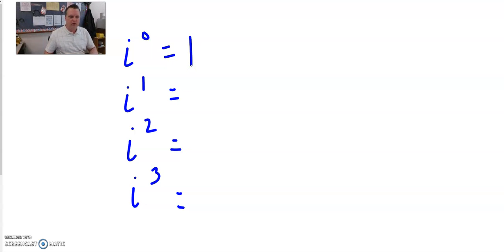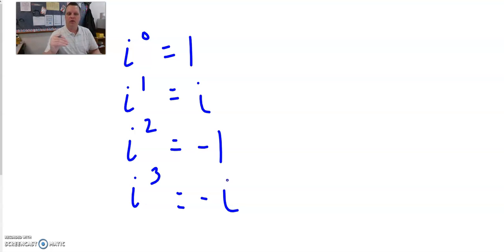Anything to the first power is just I. I squared, which we already saw, is -1. And then I cubed is -I. So 1, I, -1, -I.